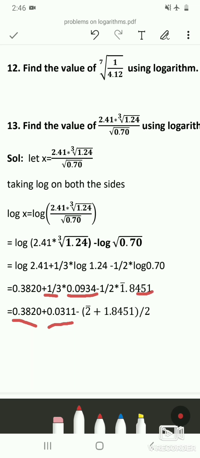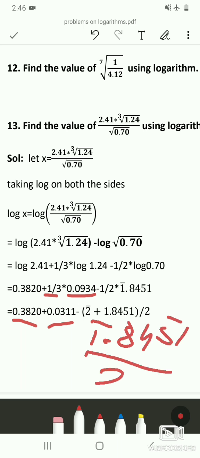So here in this step this is of the form 1.8451 divided by 2. So to simplify this you can check the videos where we had solved the division of logarithm.